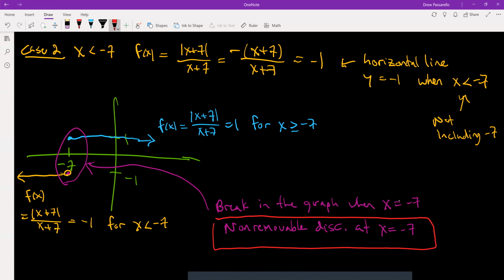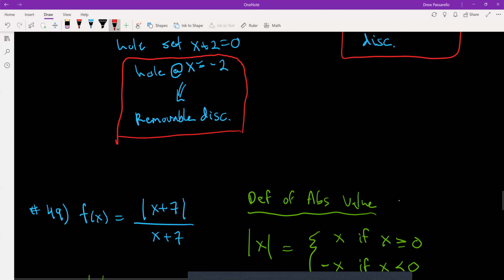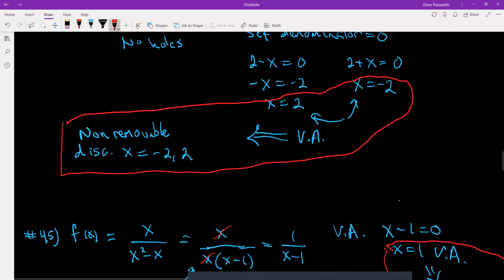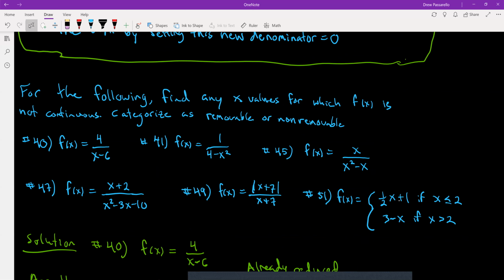Now the last one deals with this other piecewise function. What I would do for this one is try to see what its graph looks like and see if the two pieces connect.